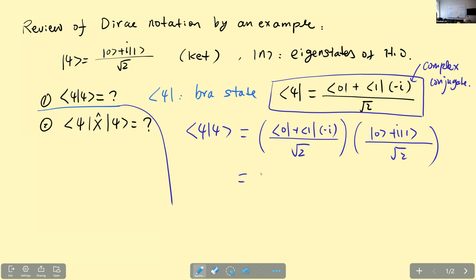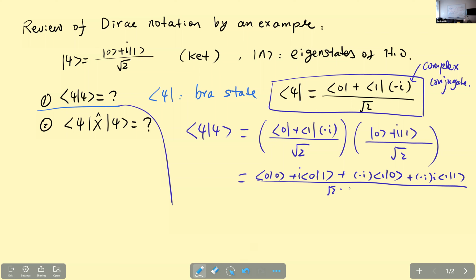So this can be written as <0|0> plus <0|i|1>, and you can take the i and put it right here. And you can have minus i <1|0> plus minus i times i <1|1>. And divided by square root of 2 times square root of 2, right?